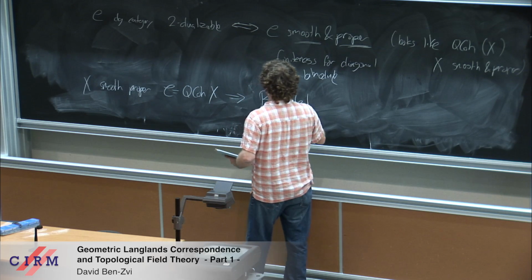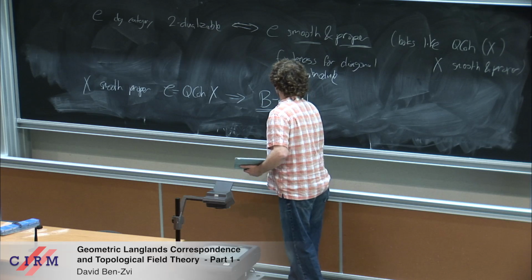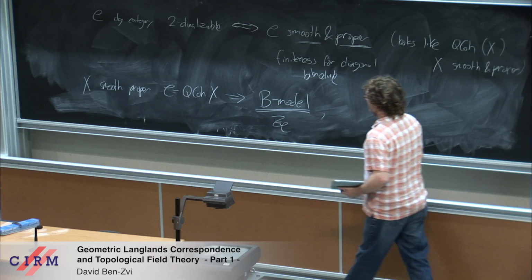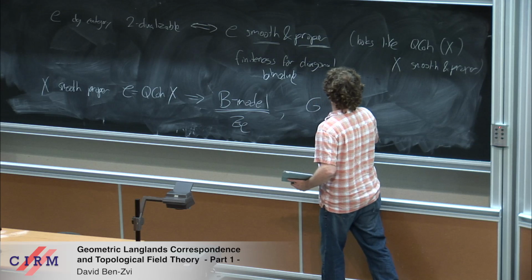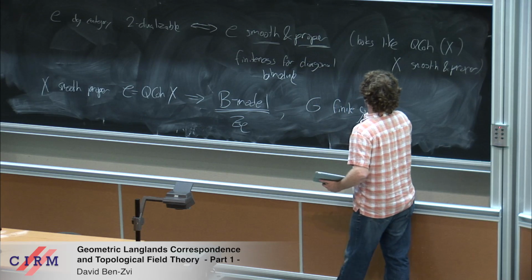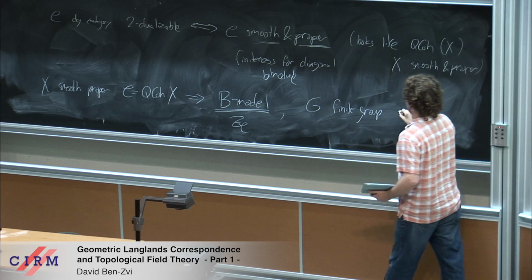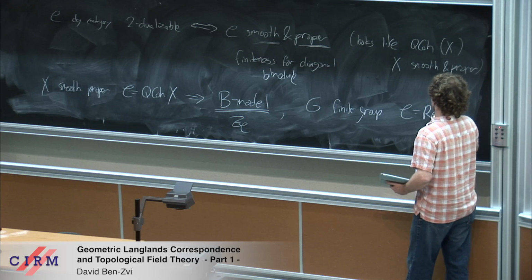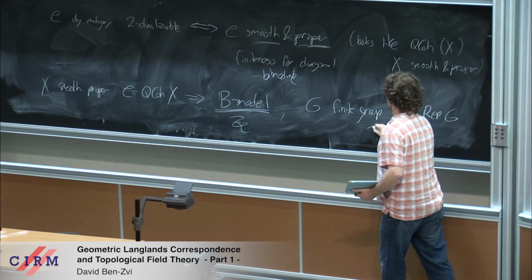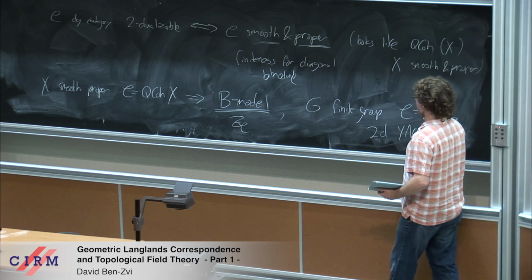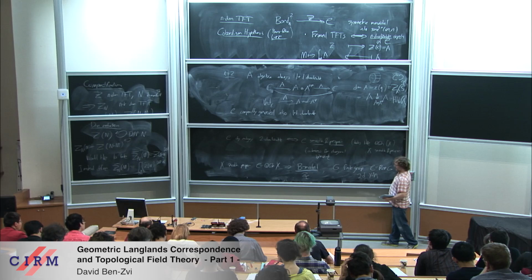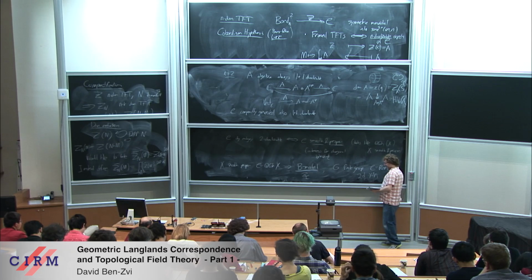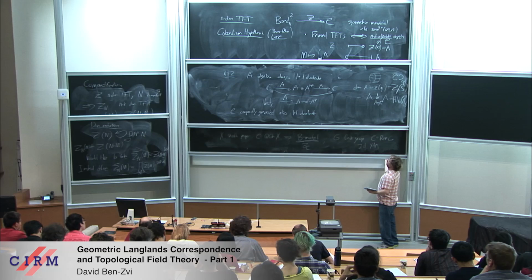The topological field theory is a version of the B model. Another example of the same kind: if G is a finite group, I can look at the category of representations, C is Rep G, and this is some version of what you might call 2D Yang-Mills. These are the kind of examples of two-dimensional field theories we'd be interested in.